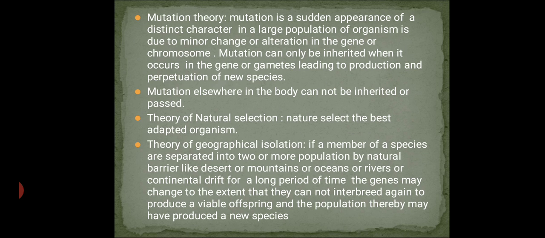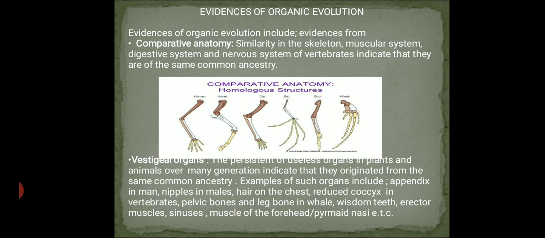The third one is theory of geographical isolation: if members of a species are separated into two populations by natural barriers such as mountains, oceans, rivers, continental drift for a long period of time, the genes may change to the extent that they might not be able to produce viable offspring again, and this may lead to formation of a new species within their population.